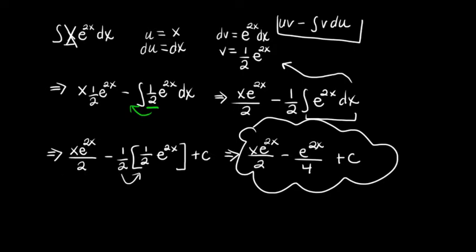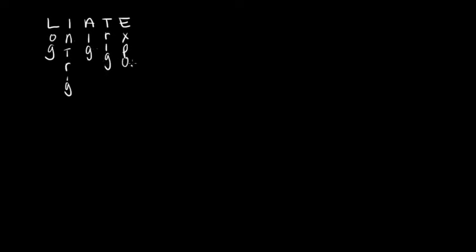All right, I'm going to give you one trick at this stage called LIATE. This can help you if you're having trouble deciding what u and what dv to choose in your problem. The L stands for logs, I is inverse trig, A is algebraic, T is regular trig, and E is exponentials.